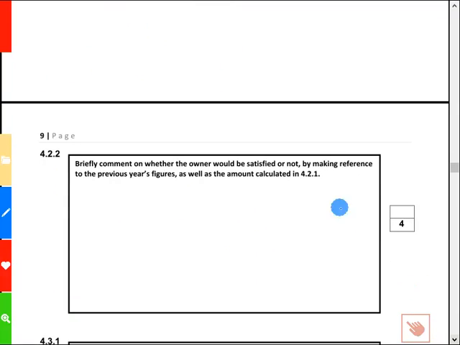Briefly comment on whether the owner would be satisfied or not by making reference to the previous year's figures as well as the amount calculated in 4.2.1. So we've got our break-even point. Here it helps to put down the figures so that you can see. The break-even point in the current year is 15,592.